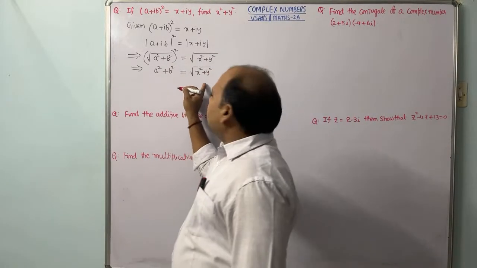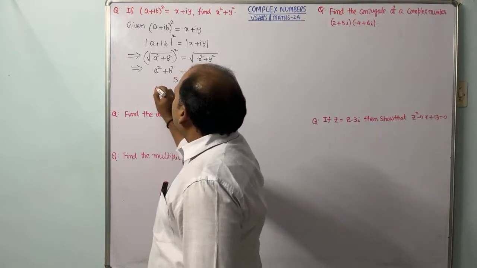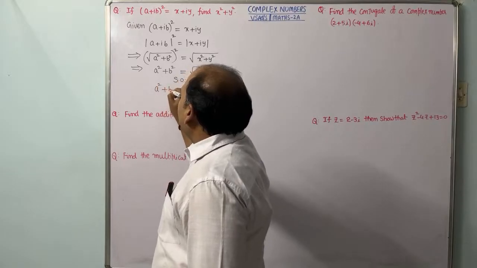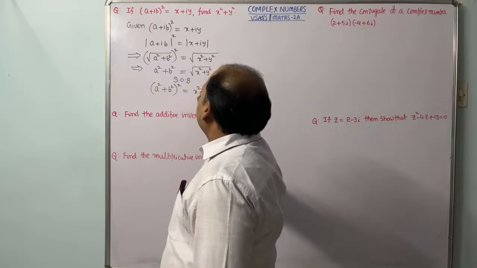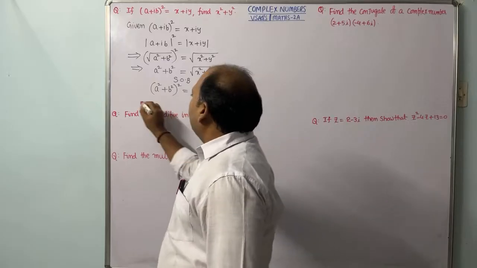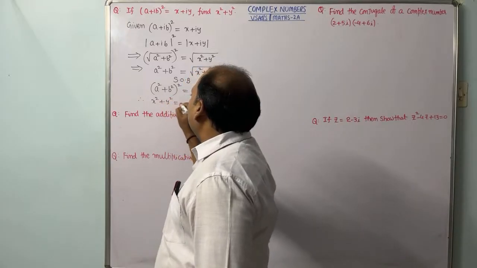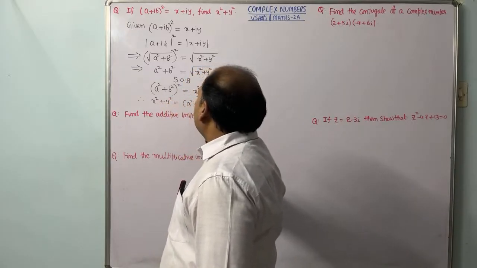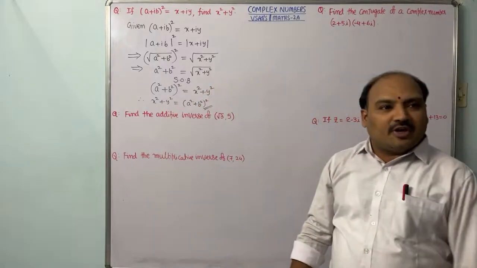Since root of x square plus y square is there, squaring on both sides, (a square plus b square) whole square is equal to x square plus y square. Therefore, the value of x square plus y square equals (a square plus b square) whole square, dear students. This is the way we can do it.